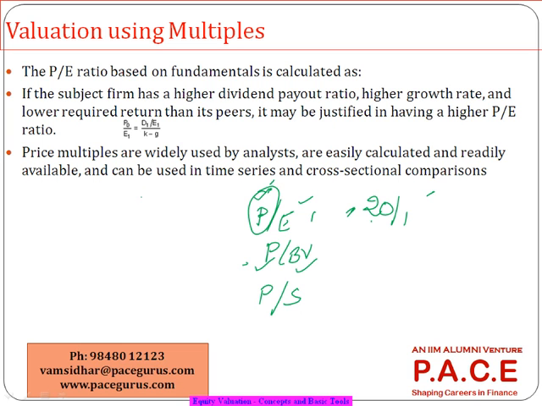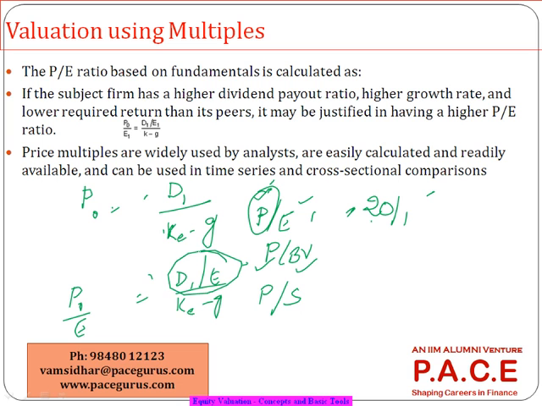Now, if you see the way we calculated the price just now using the DCF method, we said if the growth is constant forever, the intrinsic value should be equal to D1 by KE minus G. So when I say price to earnings, I'm just dividing this by E. Even this I'll divide by E. This is nothing but the dividend out of the profit, which is the payout ratio.